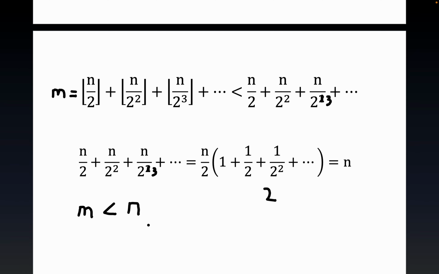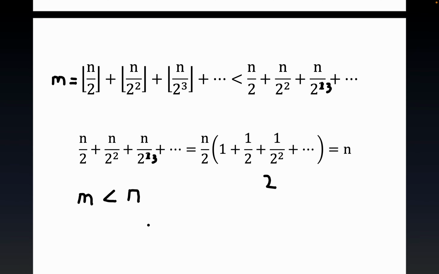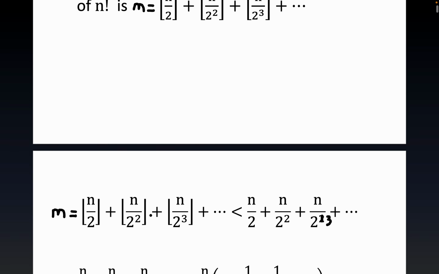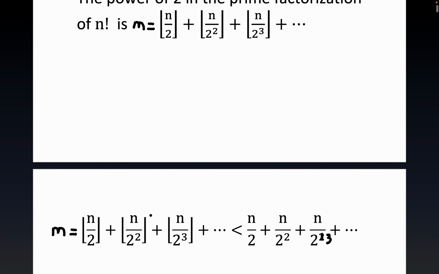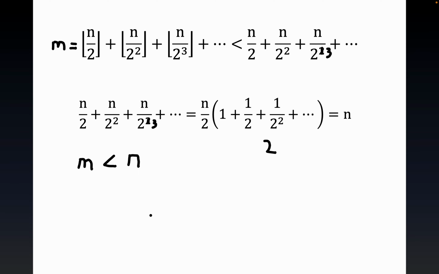So what we've shown is that M is strictly less than N, and that would mean that 2 raised to the M would divide. That's the largest power of 2 that would divide. And y'all, sometimes they use this notation, double vertical bars.